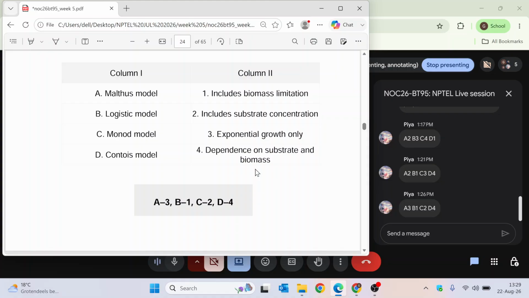What Malthus model told was the microbe can grow in infinite numbers, but in real space scenario, for a given reactor, there is a confined space in which the microbes can grow, and there is a confined amount of substrate that will be given to the microbe. So there are limitations.